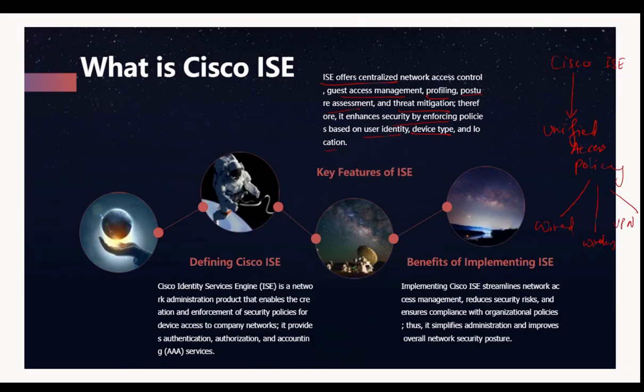Instead of relying only on usernames and passwords, ISE evaluates a comprehensive set of criteria to determine the appropriate access permissions. It is important to know the criteria ISE uses in its evaluation process to better understand how it makes informed access decisions.